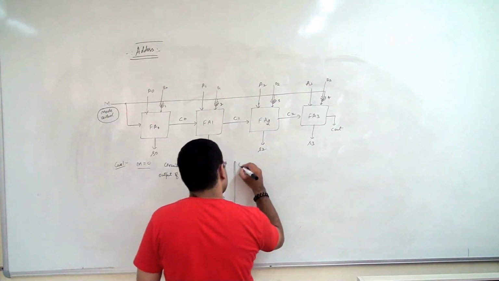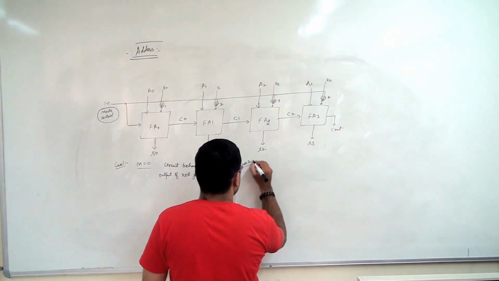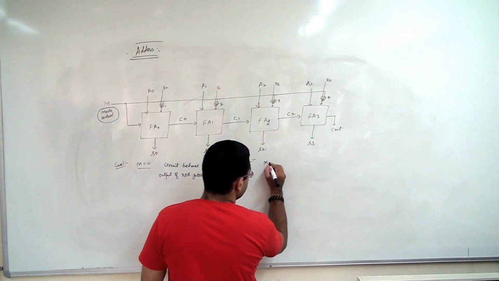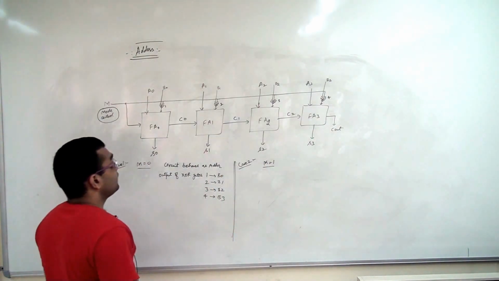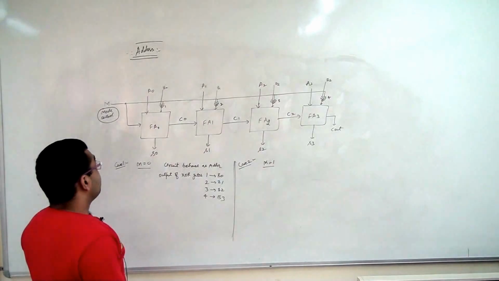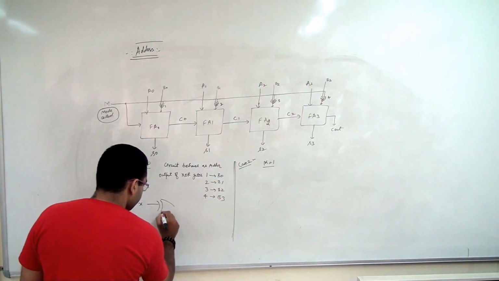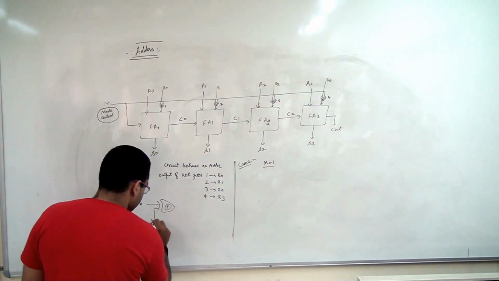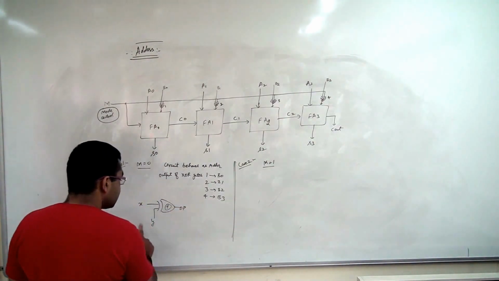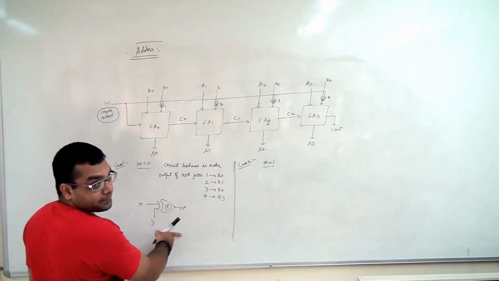Alright, so let us move to case 2, where my M is 1. Now if my M is 1, again over here for the XOR gate, if Y is held at 1, the output is X bar.